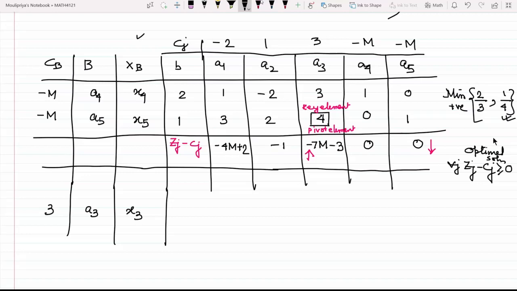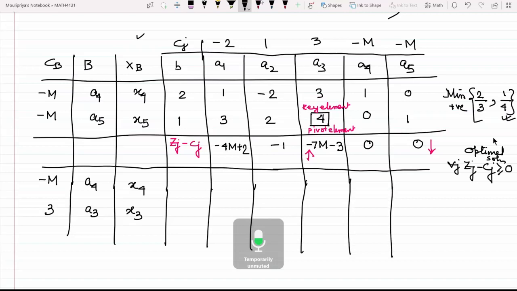For the first row, minus M, A4 and x4 remain intact. Are we okay with this? Yes, ma'am. Now, how do we obtain the remaining elements of row 2?